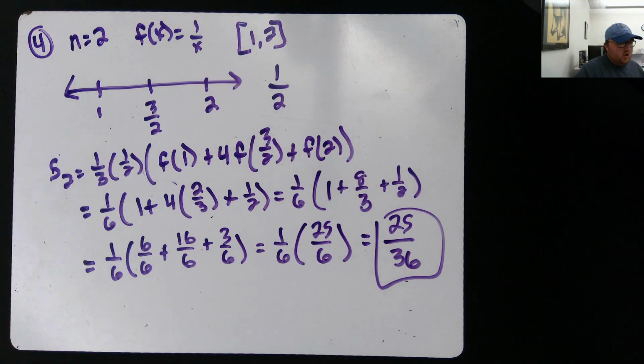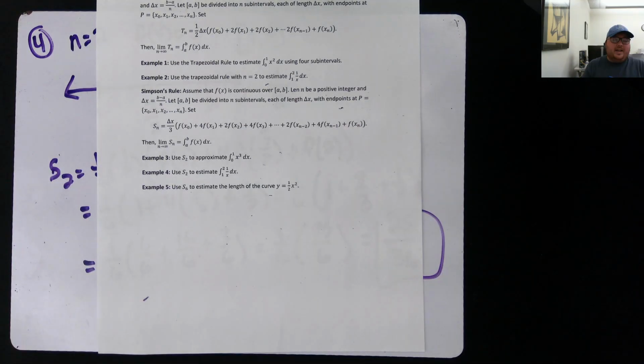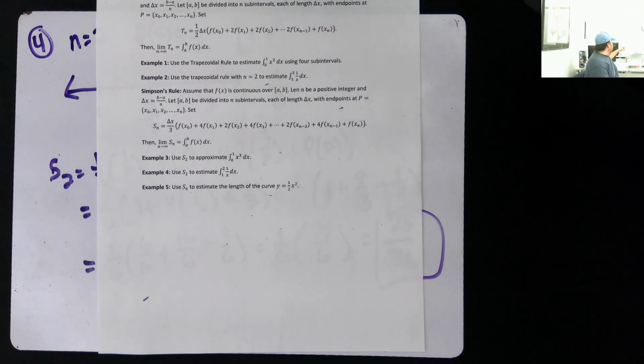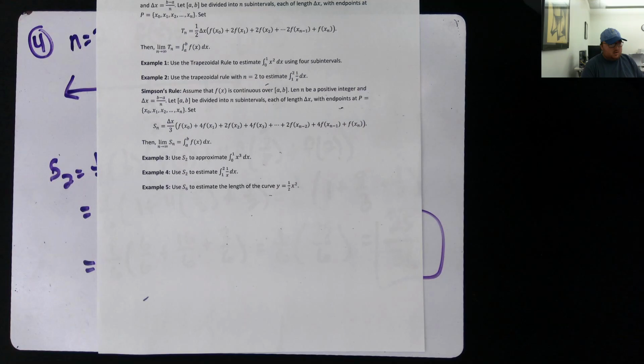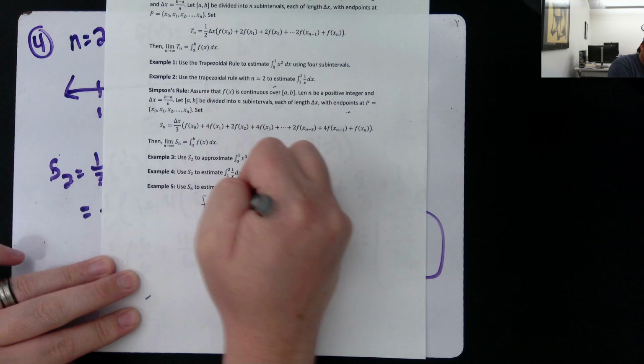No problem at all. Last example, example number 5. We are going to use S6 to approximate the length of the curve y equals 1/2 x squared. I'm realizing now I did not put the bounds. The bounds are supposed to be from x equals 1 to x equals 4.